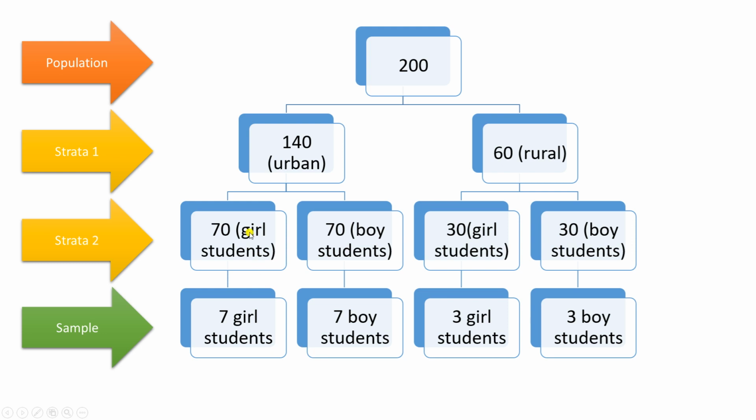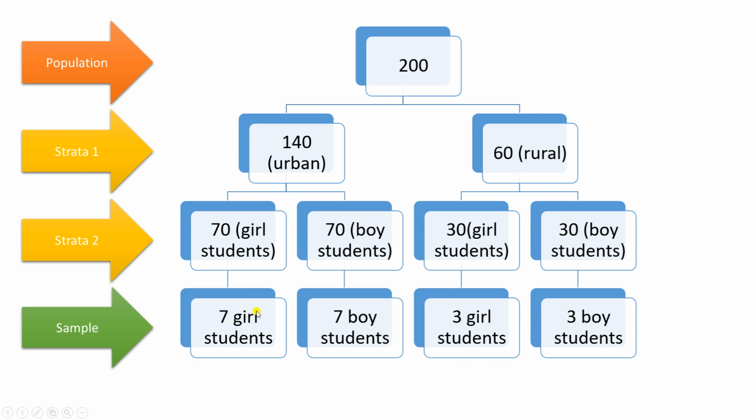So what we could do, out of the 70 girl students from urban, is randomly select 7 girl students from this, 7 boy students from the 70 boy students from urban, 3 girl students randomly from the 30 girl students from rural, and 3 boy students randomly from the 30 boy students from rural. This will be my stratified random sampling.